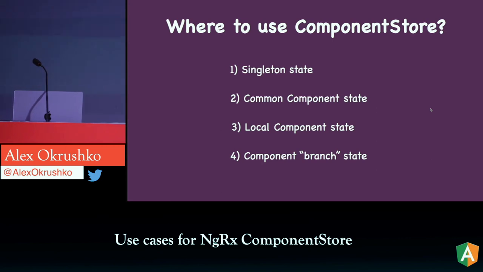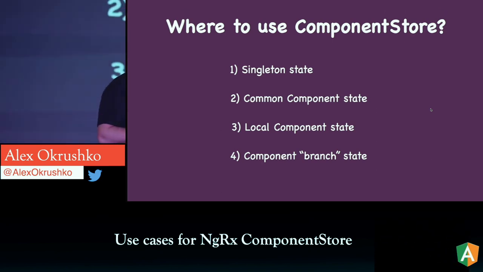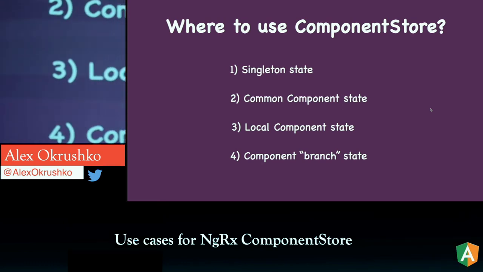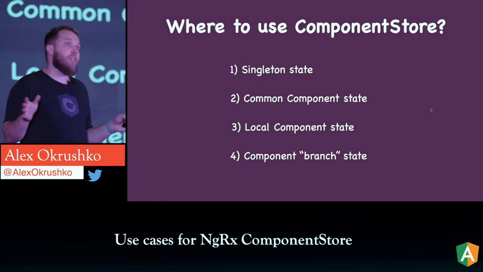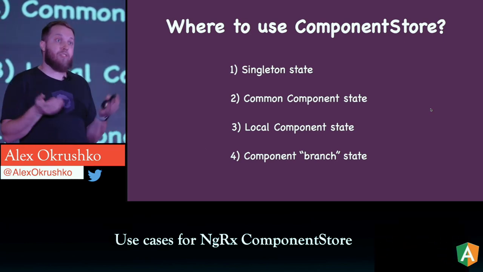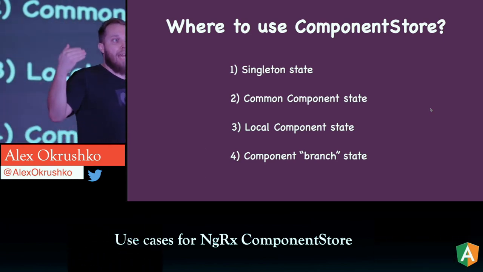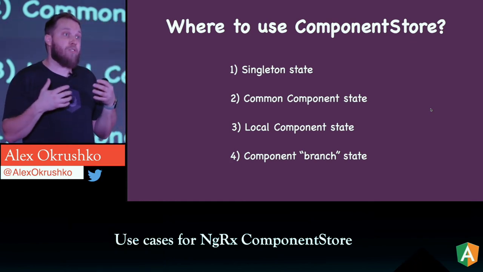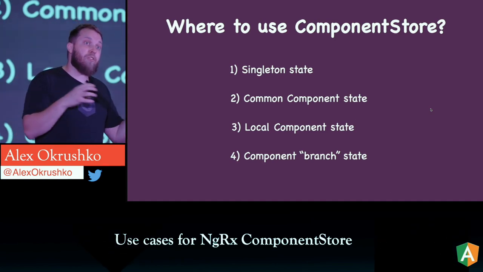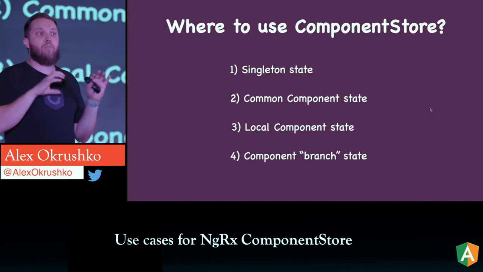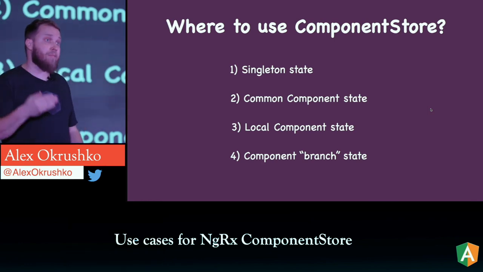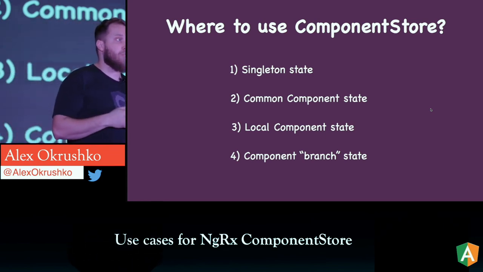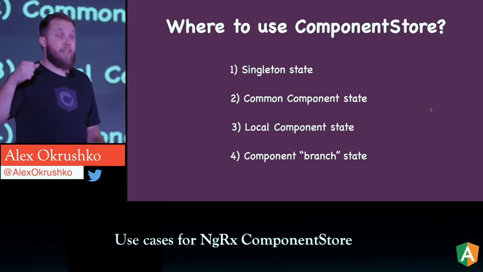Now, we talked about these 4 use cases: singleton state, common component state, local component state, and component branch state. Those are the 4 use cases that we as an NgRx team identified as very helpful, almost different patterns, different mental models for how to use the component store. Whatever you do, most likely it'll fit in one of those 4. It becomes easier to communicate with your team members: hey, I'm creating this component store for this component, and it would be the branch state.